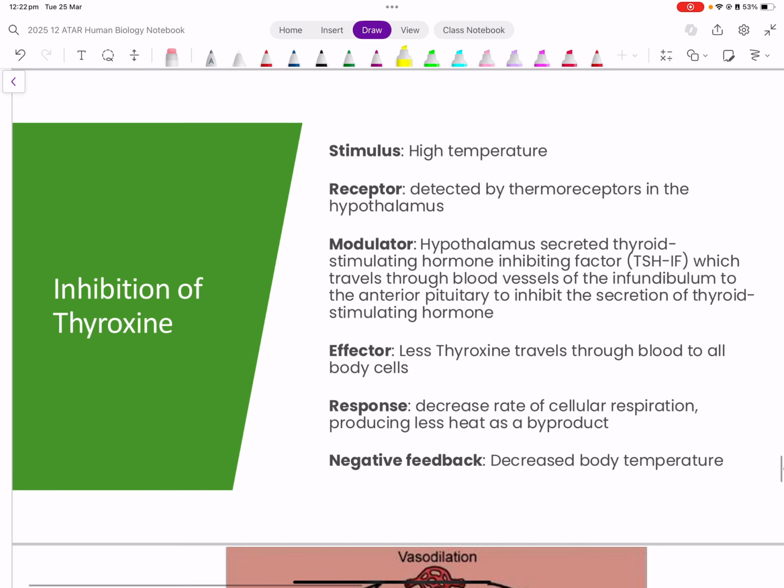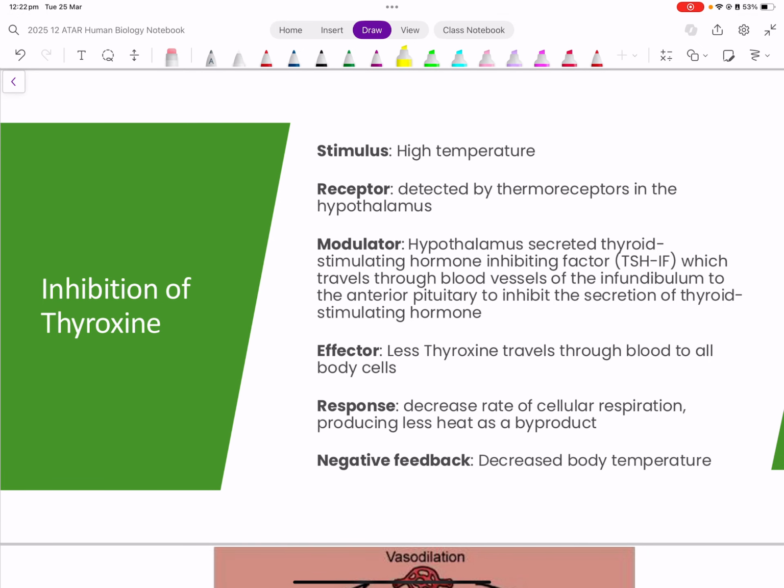As we move down to our next example, inhibition of thyroxine, this is just the opposite of what we spoke about with low body temperature. So again, our stimulus is a high temperature, negative feedback is a decrease of that high body temperature. When we're talking about the receptor, it is thermoreceptors in the hypothalamus, and in this case, instead of releasing TSH-RF, TSH releasing factor, we're going to release TSH inhibiting factor.